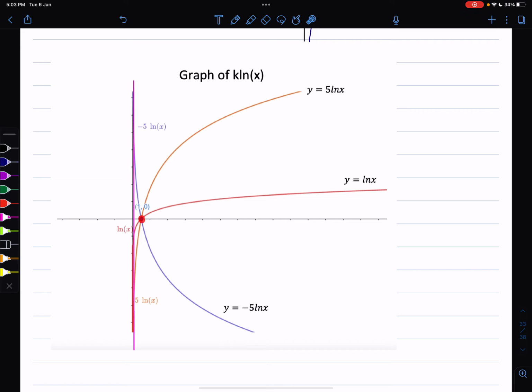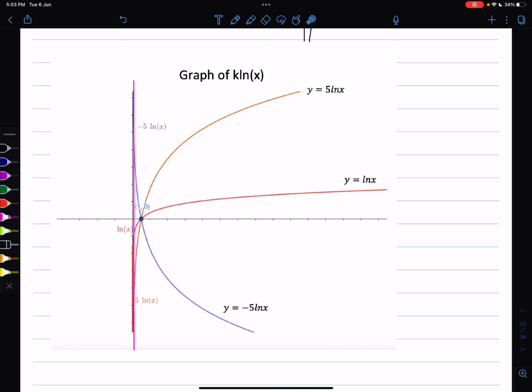So it is going to remain as it is, because over here at this point the value of ln x is 0, so 5 times 0 is still 0. And the part of the graph below the x-axis will become further negative after multiplying by 5. So the graph of 5 ln x would also be of this shape, but it's just going to be steeper than ln x.